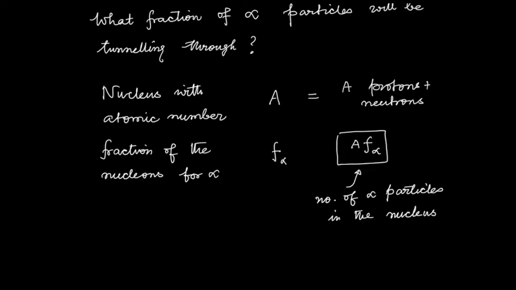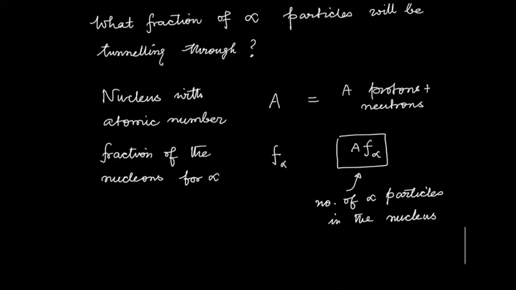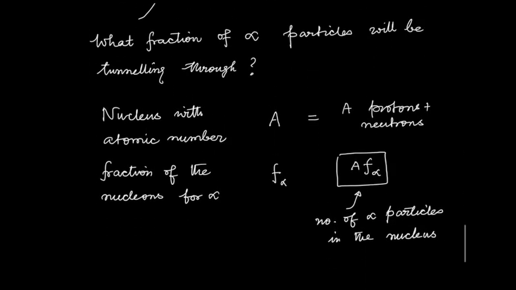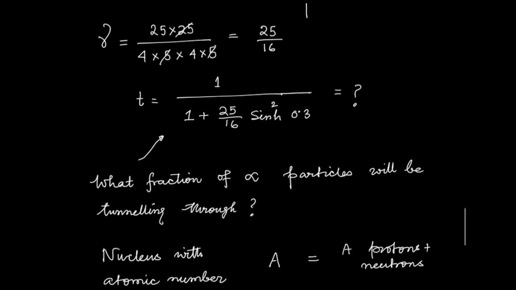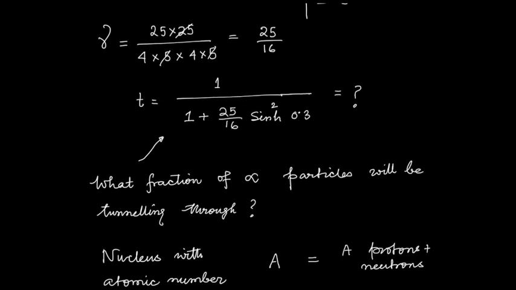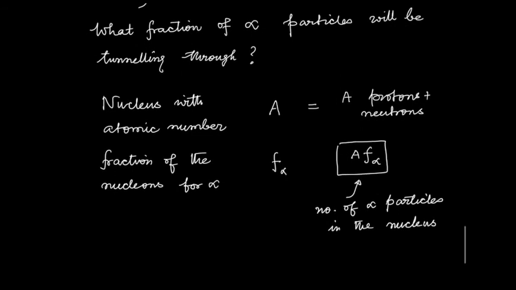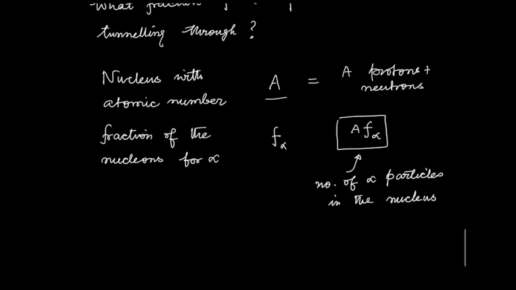So we are trying to figure out how much the radioactivity will be for such tunneling of alpha particles. What we figured out is the fraction of alpha particles that will undergo tunneling in such a very simple model. And then we figured out the number of alpha particles in a nucleus which has A atoms.